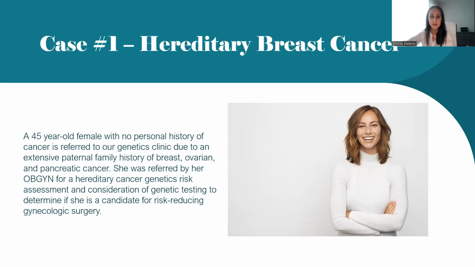She has a strong family history of breast, ovarian, and pancreatic cancer, and there is consideration for some gynecologic surgery for this patient. So we wanted to give the patient the opportunity to pursue genetic testing if she's interested because it may inform her surgical decision making.